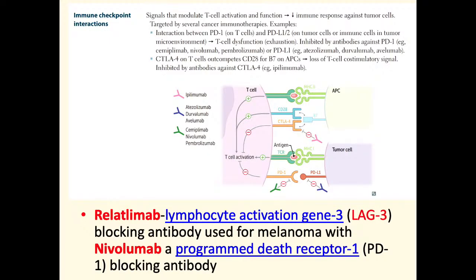Sometimes tumors express proteins like PD-L1, CTLA-4, or LAG3 that lead to exhaustion and downregulation of T cell activation, and therefore we have medications that target those proteins like PD-1 and PD-L1, and that will reverse the T cell exhaustion.